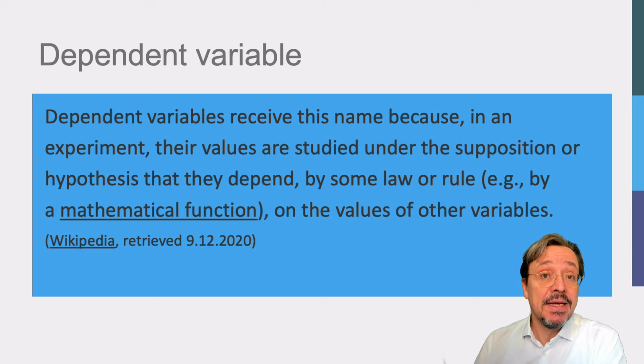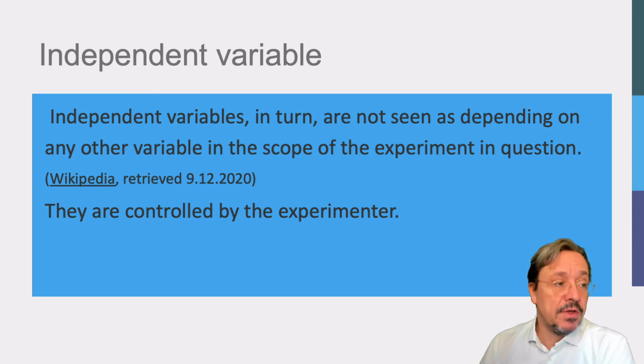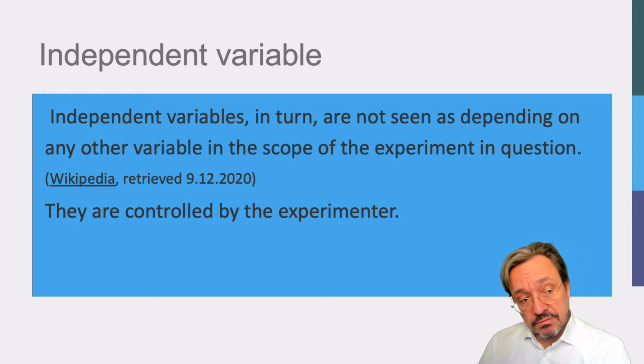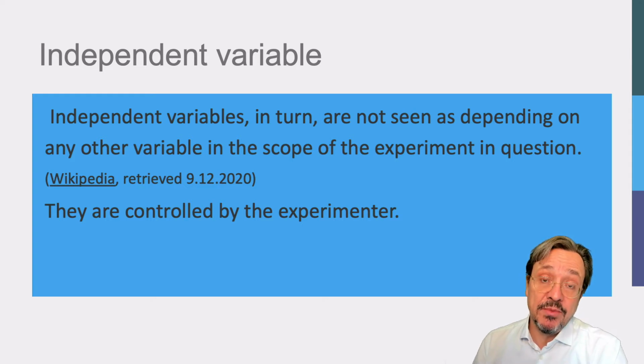So they are dependent, and your expectation is that by varying the independent variables as a controller, as an experimenter, these variations will have an influence on the dependent variables. As a conclusion, independent variables in turn are not seen as depending on any other variable in the scope of the experiment in question. They are controlled by the experimenter.